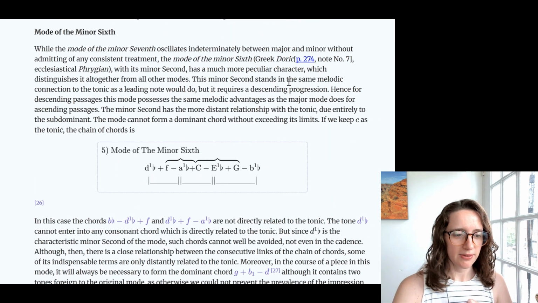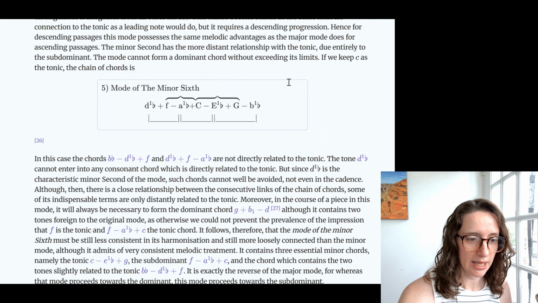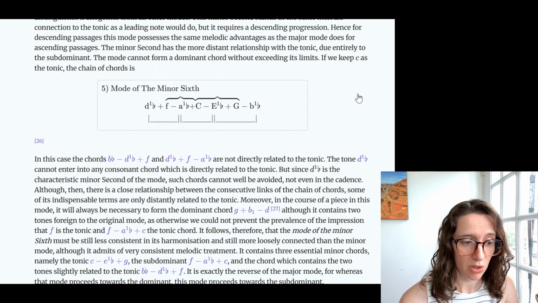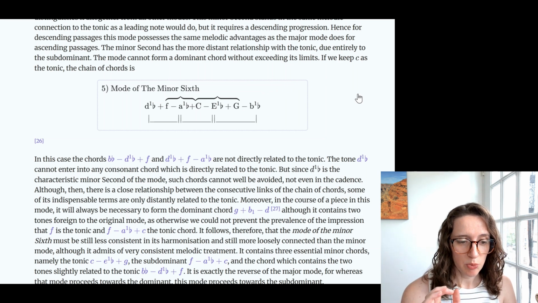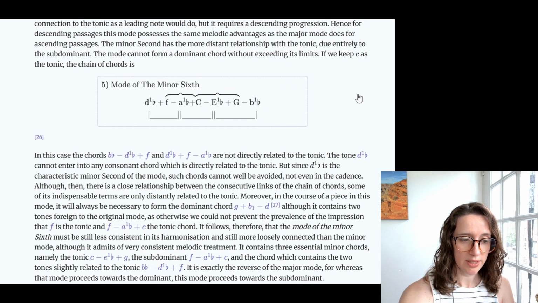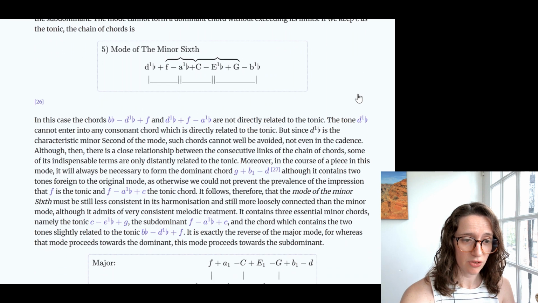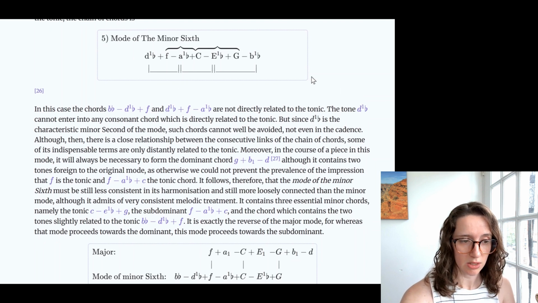Okay, mode of the minor sixth. This mode is characterized by the minor second, which is a leading tone in descending passages, but it is problematic for our dominant chord. So the only consonant chords that the minor second forms are not directly related to the tonic.